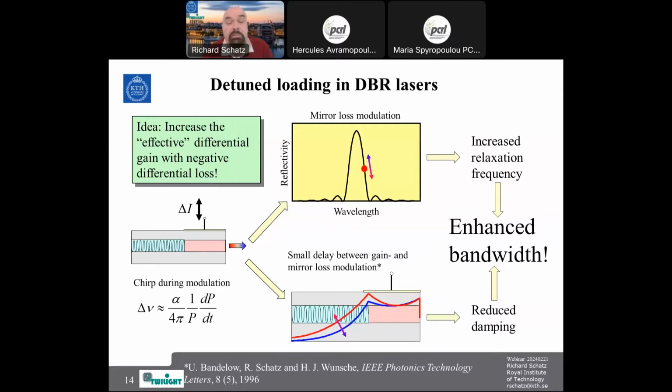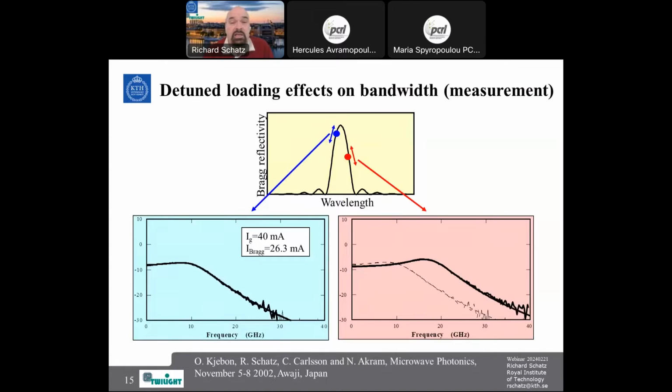You don't want it to be too peaky, but this peakiness can then equalize capacitance, for instance, of your laser. So utilizing this, you can see here experimental results. Here we are located on the short wavelength flank, then we get a low bandwidth. Here we are located on the long wavelength flank, and we get a much enhanced bandwidth here, you see.